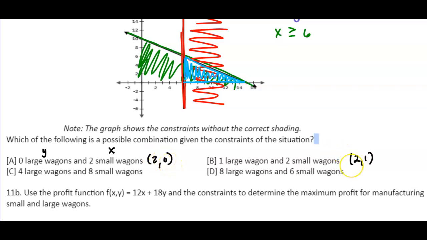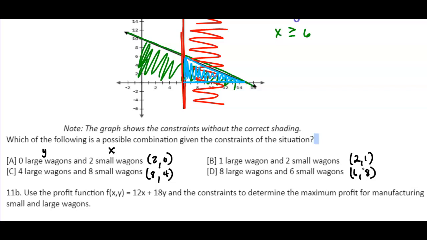B would be 2 small and 1 large. C would be 8 small and 4 large. And D would be 6 small and 8 large. Now we have them written correctly, we can figure out which one lies in or on the constraint.